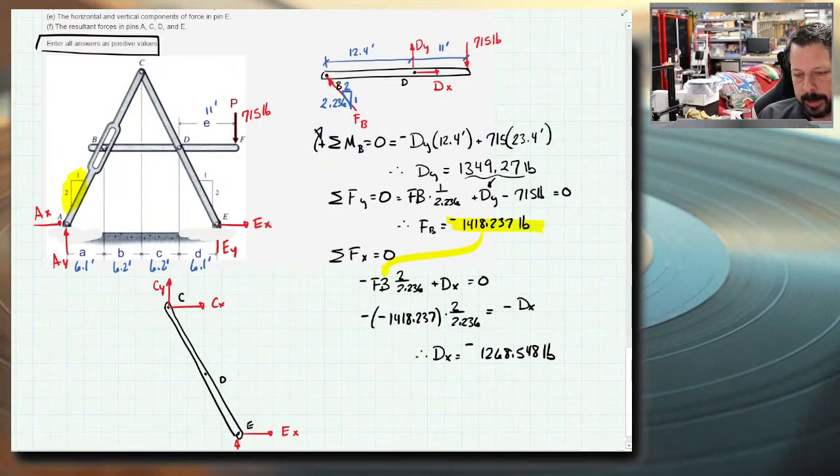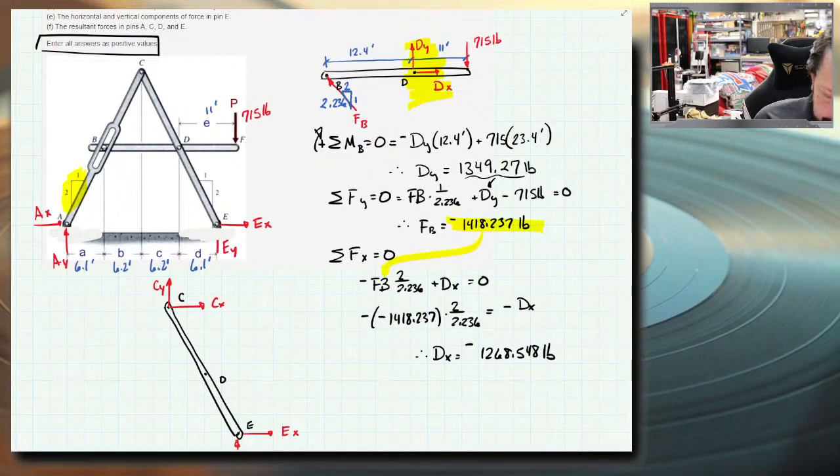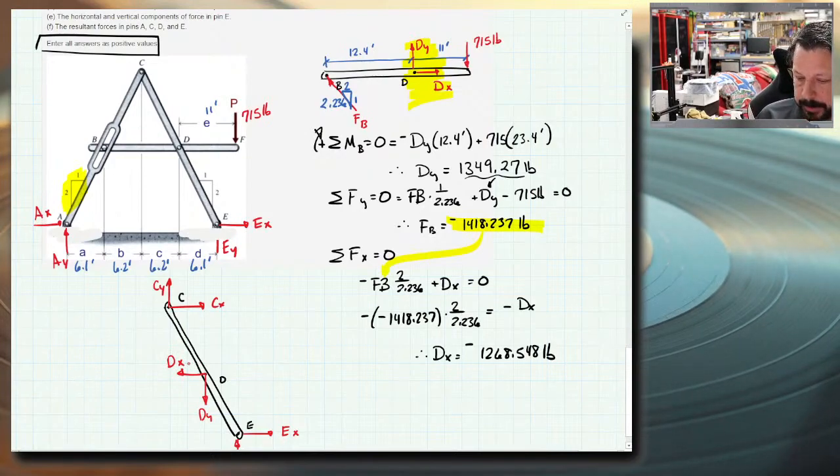So I have a value for DY that I've already created a direction on this free body diagram, dy and dx, as going up and to the right. And so on this one, the matching reactions should be down and to the left, except that I solved for them. Dy was correct.